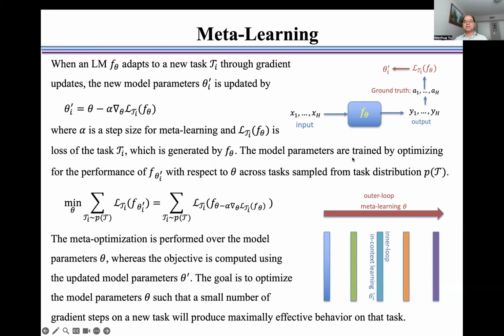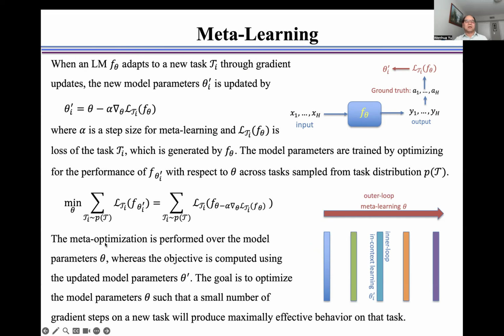The model parameters are trained by optimizing for the performance of alpha theta i prime with respect to theta across the text sampled from text distribution P, as shown here.